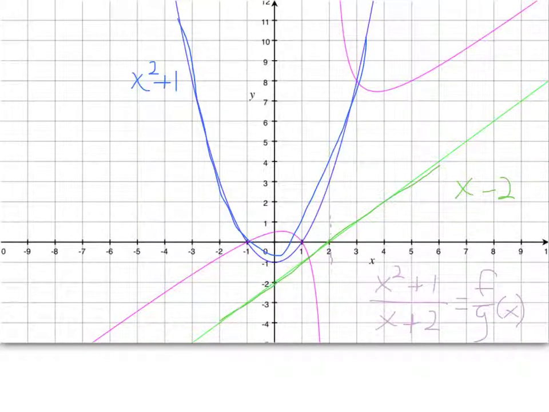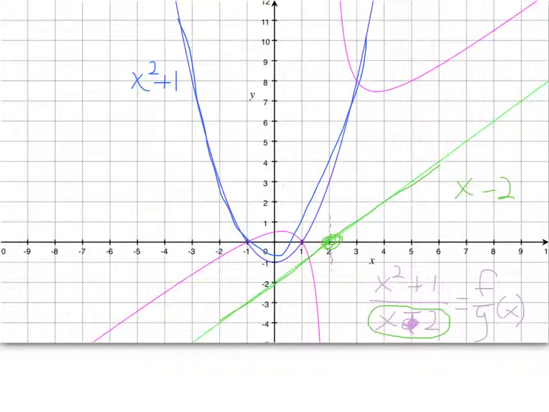I wrote that wrong. That is, of course, a minus, right? Okay, this thing is going to blow up at 2 because we're dividing by 0 when x is equal to 2. If we look at our x minus 2, it is 0 at 2. That means that 0 is on the bottom at 2.